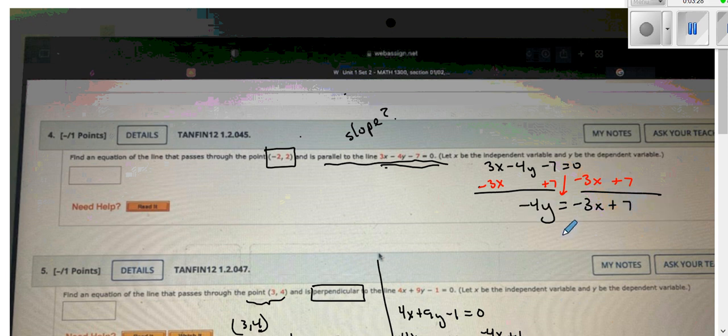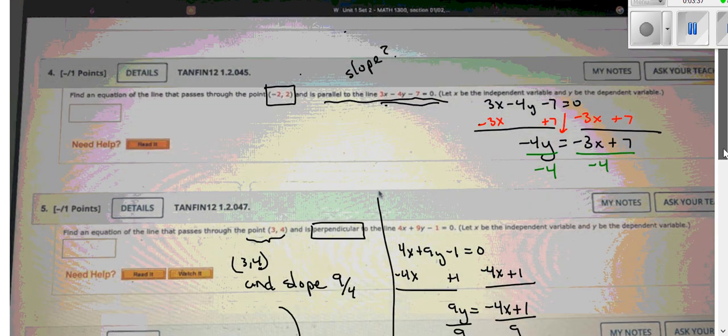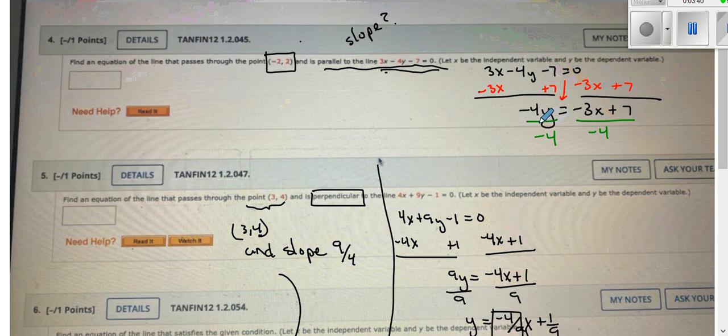Then I'm going to divide by negative 4, both sides, okay? Divide by negative 4 to get that y completely by itself. Remember, you can divide the whole thing or you can divide each one. Same thing. The key is on this side, the negative 4 and the negative 4 cancel. I'm left with just y. On this side, the negative 3x divided by negative 4, negative divided by negative is a positive.